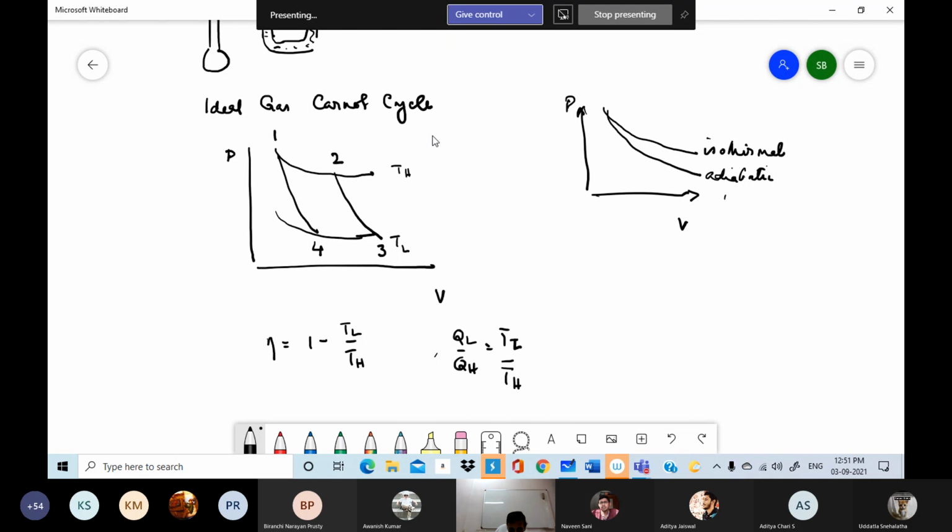The equivalence of the ideal gas temperature to the thermodynamic temperature scale is explained in Van Wylen and Sontag. That I'll leave as an exercise for you to read up.